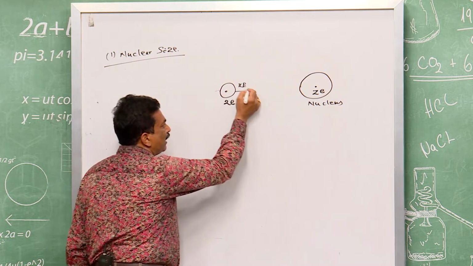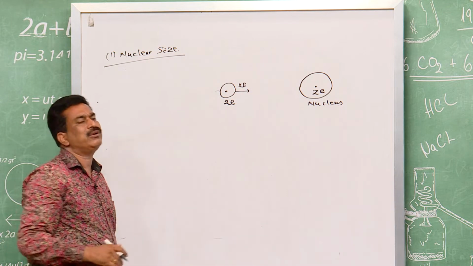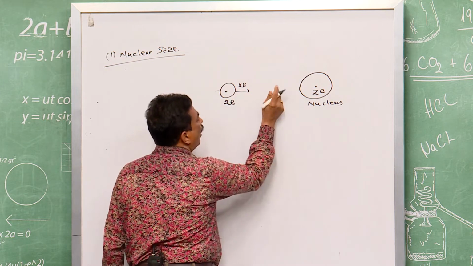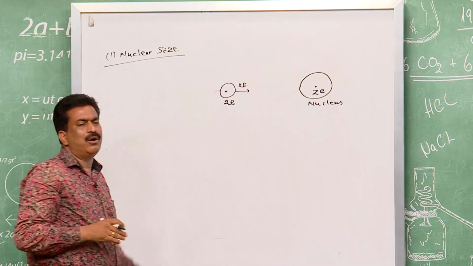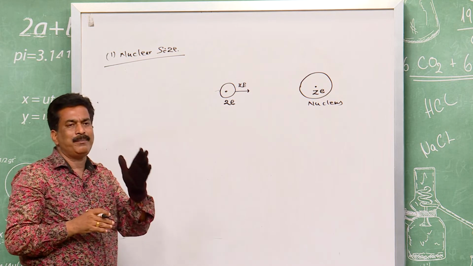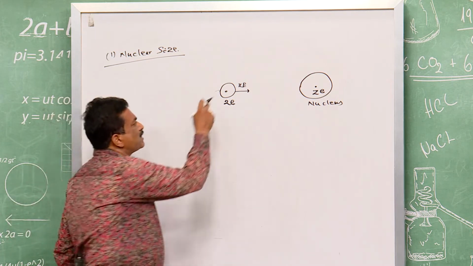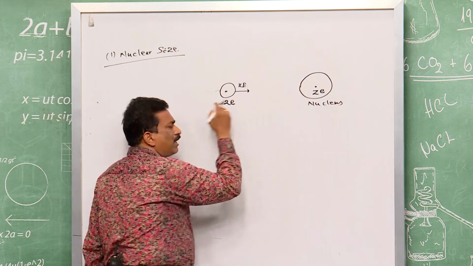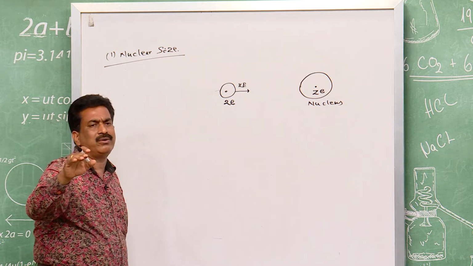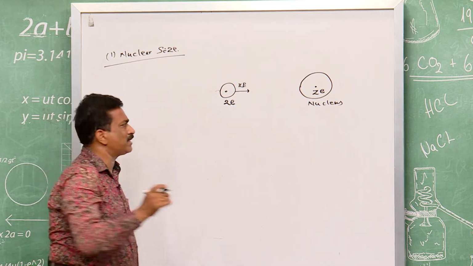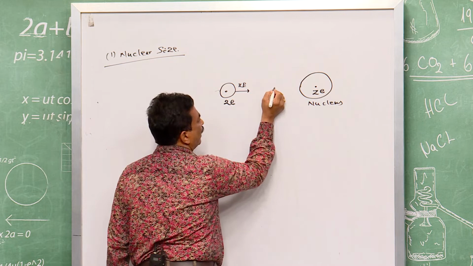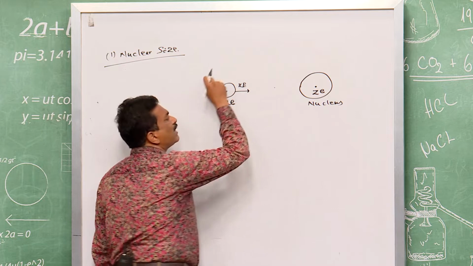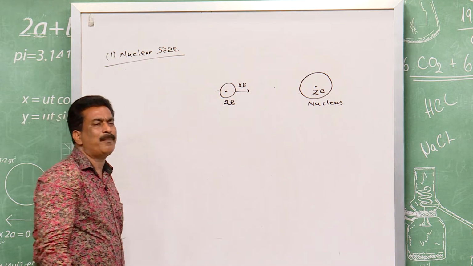So this kinetic energy will gradually reduce, and the alpha particle will proceed up to a certain level where it will remain at rest. If the reduction continues, after some time it will come to rest. When it comes to rest, the repulsion will continue, therefore it makes its direction the opposite way.